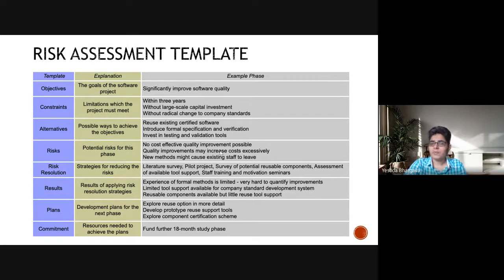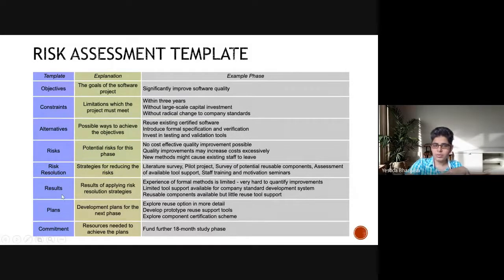Or you could survey the potential reusable components. These details are not as important because they are specific to the context. But the idea that you must get from this table is that you need to also identify the way you will resolve the risks at a particular stage if you are following the spiral model.